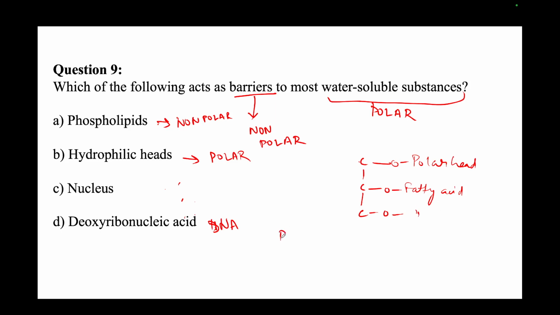So there will be a phosphate group PO4, and there will be a fatty acid and a polar head group.